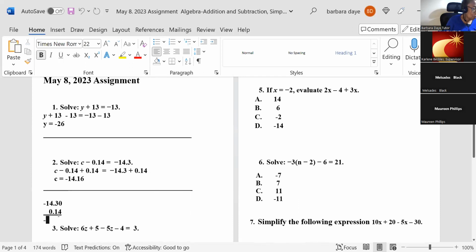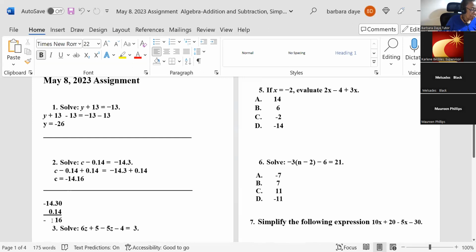So subtracting 4 from 10 is what? 6. Okay, so this would be 6. All right, and then since we borrowed 1 from 2 is what? 1. There we go. And 0 from 4 is what? 4.